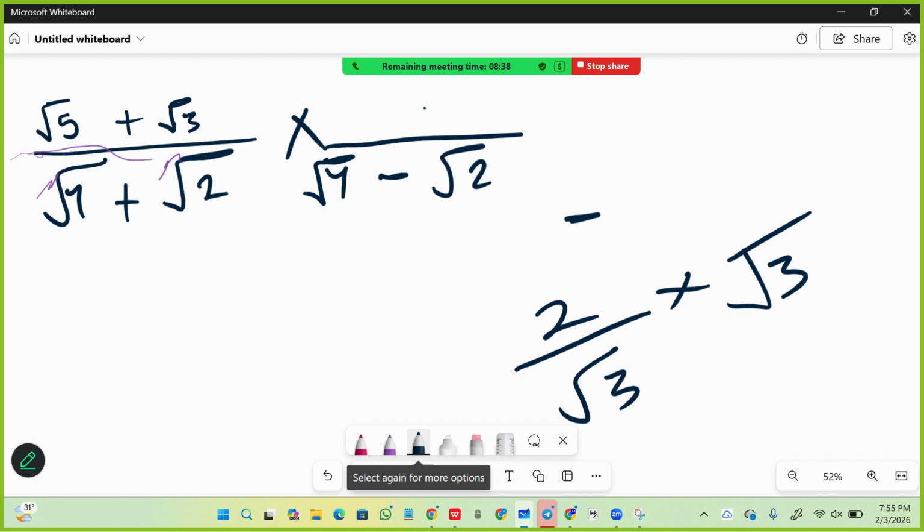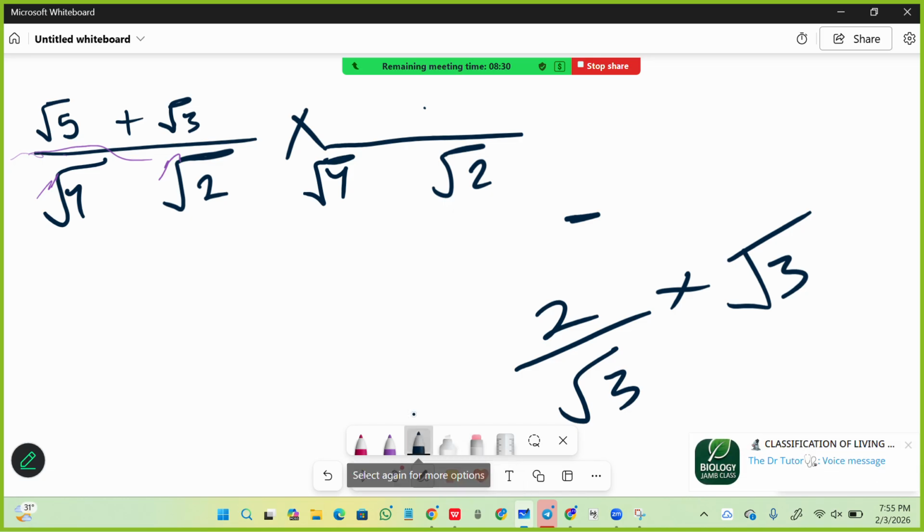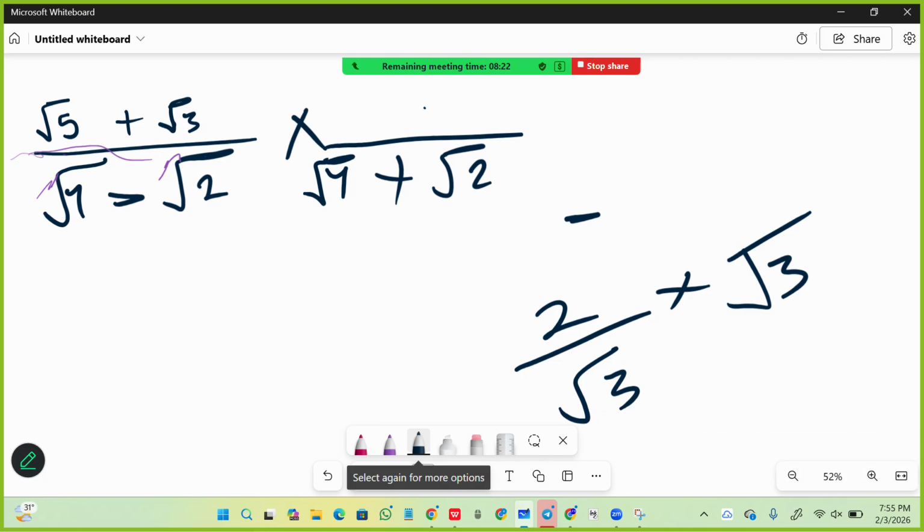Are you getting that? I have 8 minutes left. It's called conjugating it, and that's what I did here. So because this one has minus, I'm going to multiply it with the one that has plus. But remember that, unlike the one we did that time, anything we do down, we will do up.